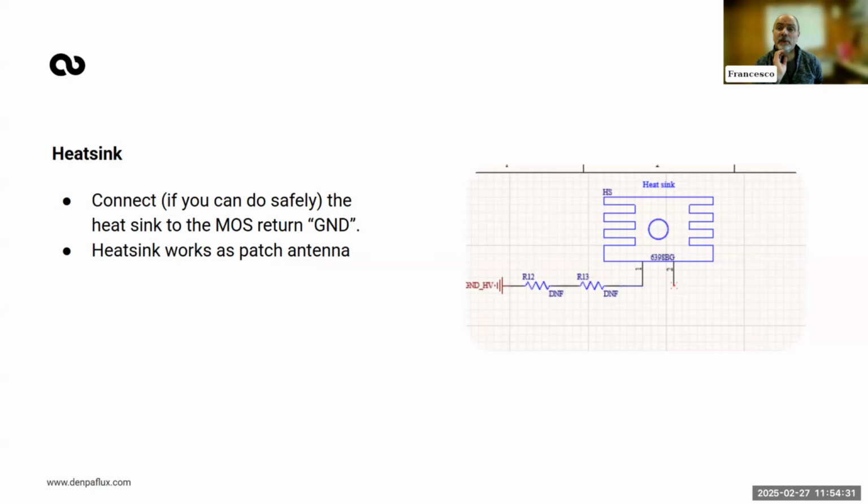I don't want to discuss this today, but what I'm trying to say is, every time you have any metal not connected to your board, no matter how big or small it is, it may work like an antenna. So try to connect the metal to your board if you can. So yeah, I think for now that's all.